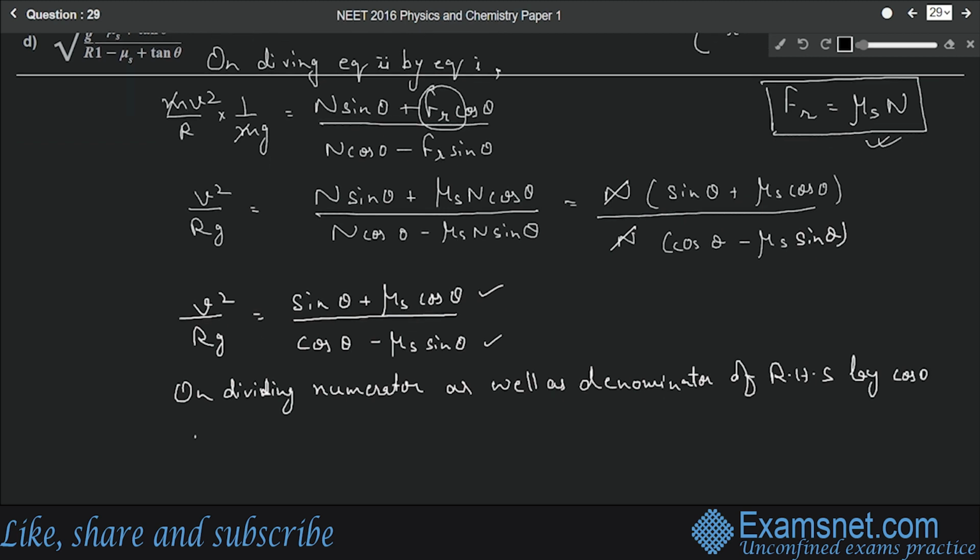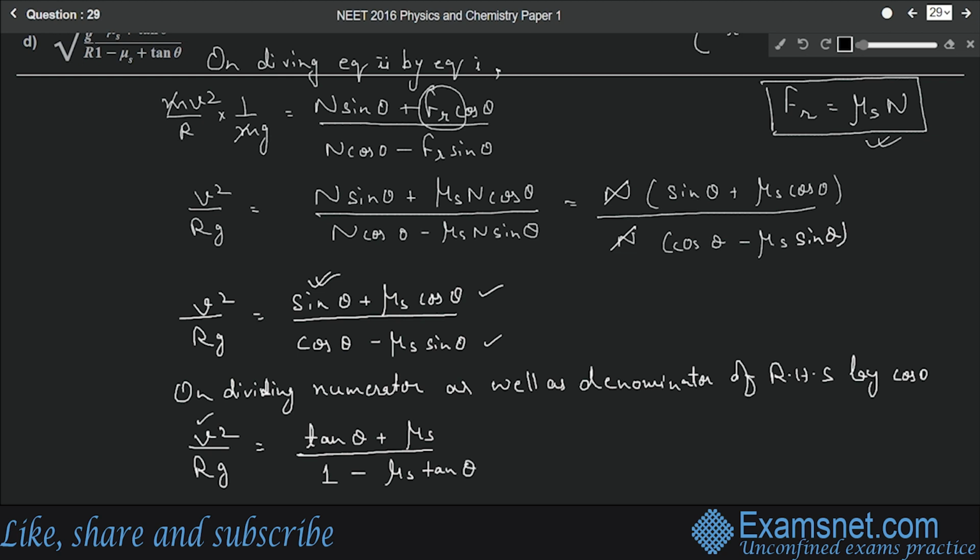We are not dividing on the left hand side, so left hand side will remain same, v square by rg, and on the right hand side, sin theta by cos theta will become tan theta. So tan theta plus, here only mu s will be left because cos theta will be cancelled. Then on the denominator side, cos theta cancelled, so 1 minus mu s sin theta by cos theta, that means mu s tan theta. So this will be left.